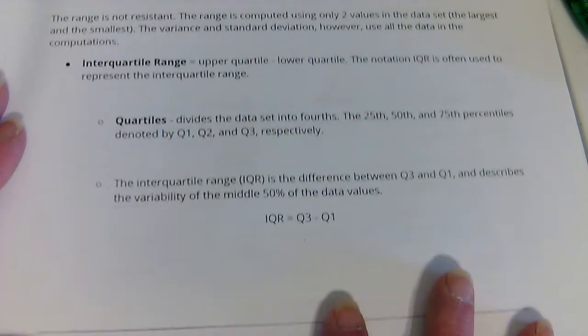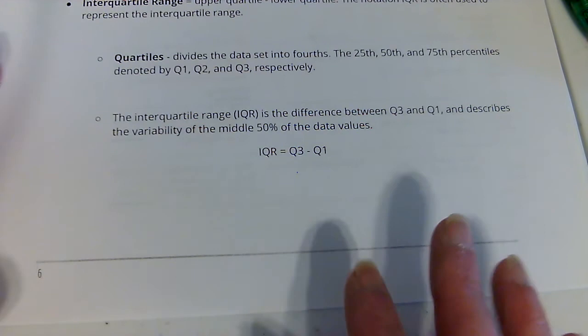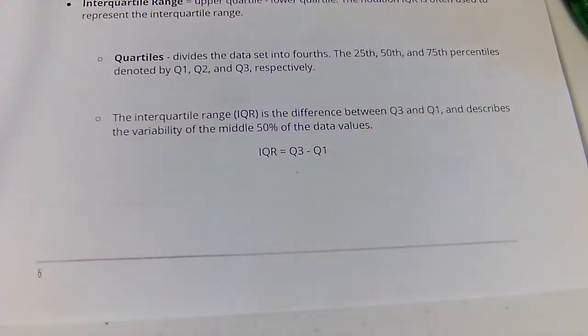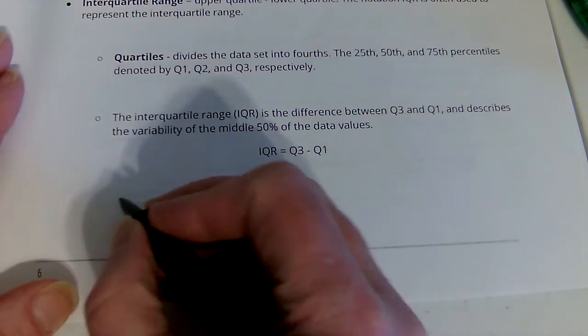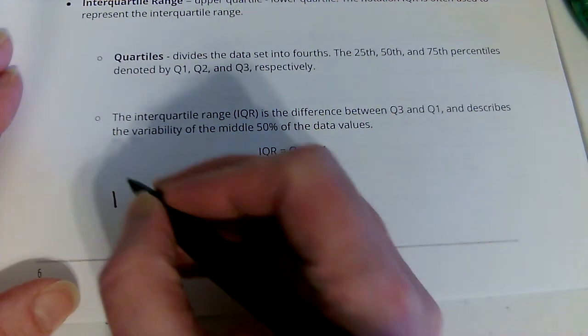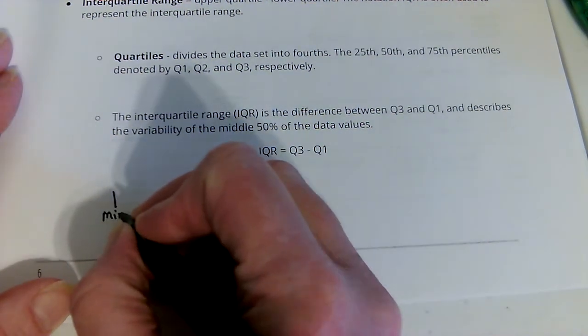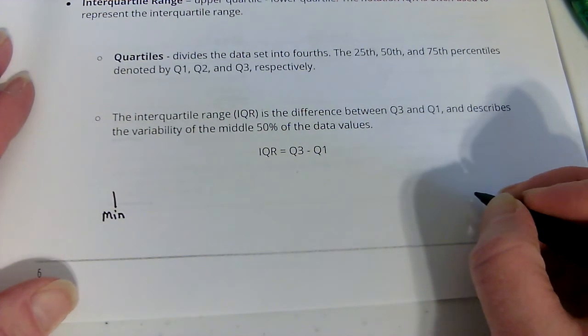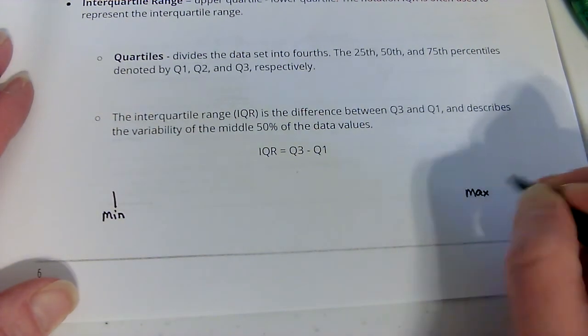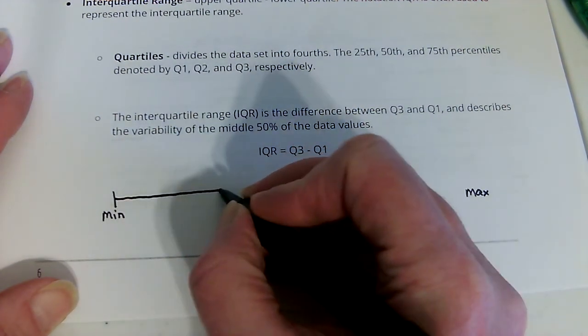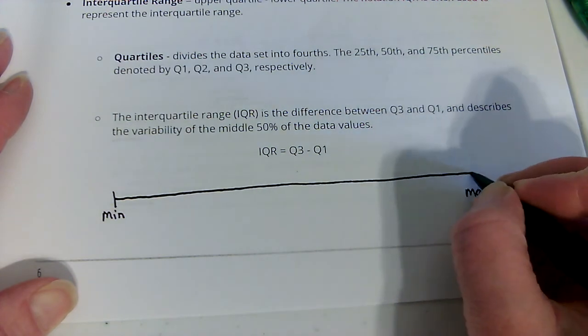So if we thought about the data spread out, let me do a little visual here. Let's say I listed all the data out like we would if we were finding the median. Here's my smallest, the minimum, and over here is the maximum. So 100% of my data is between here and here.